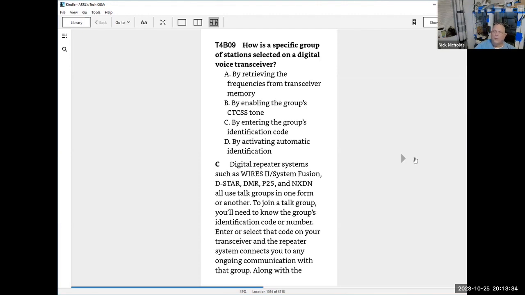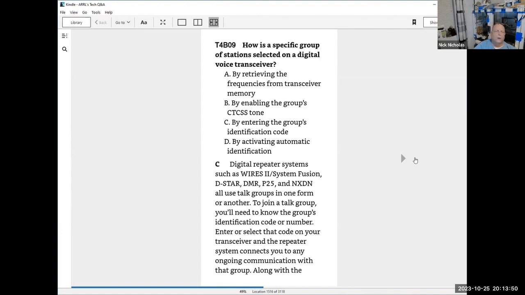Some modes of operation, like DMR, require a code. Others, like Wires-X and Fusion, using the codes is optional.